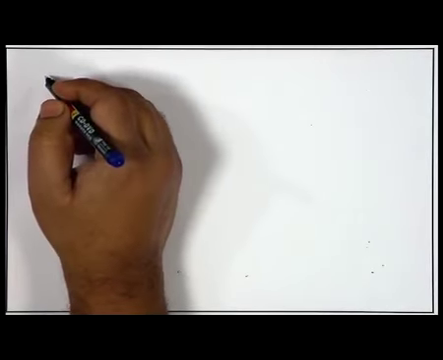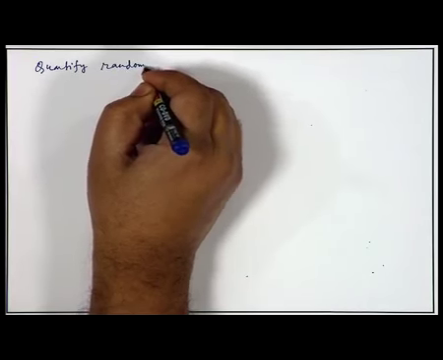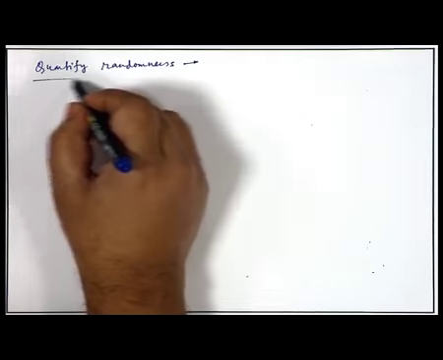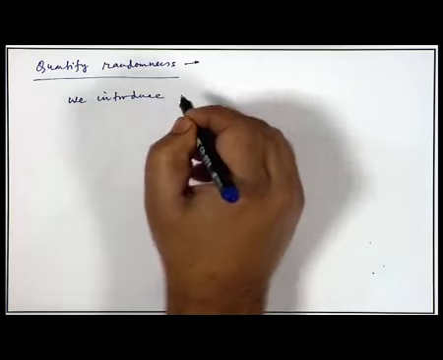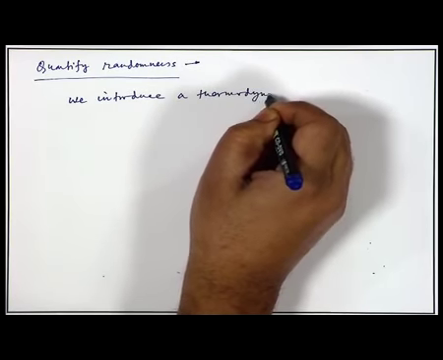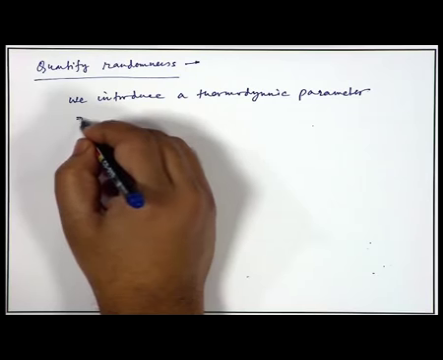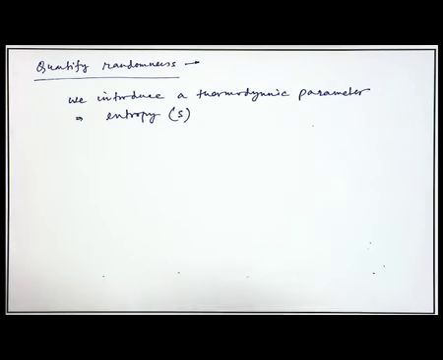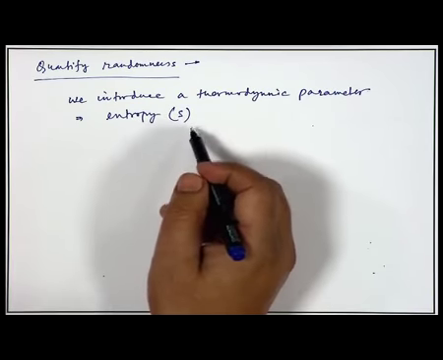So, now what we have to do is quantify this randomness. For this we introduce a thermodynamic parameter, entropy, with the symbol capital S. This is the quantity which represents the randomness in the system or surroundings.